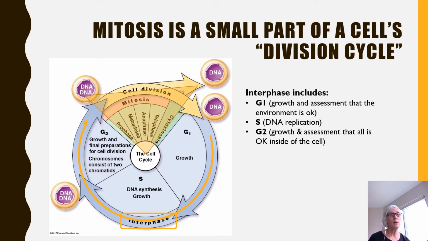If the environment will support, there's enough room, there's enough food, etc., then the cell will enter the S phase of interphase. S phase is where the DNA is replicated.